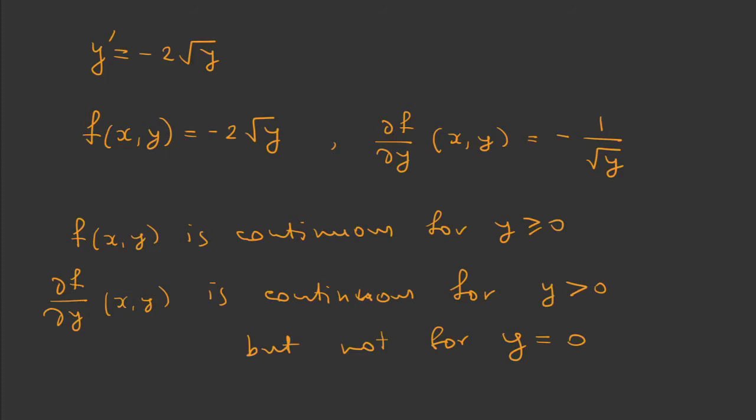However, the partial derivative of f with respect to y is still continuous everywhere where it's defined, in other words, for positive values of y. However, it cannot be continuous for y equal to 0, because if y equals 0, then that partial derivative is not even defined.